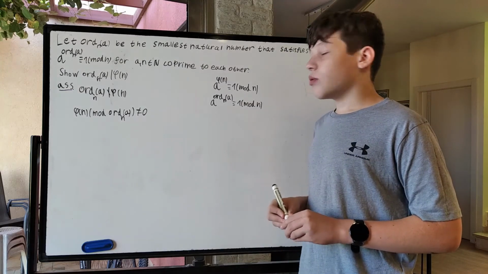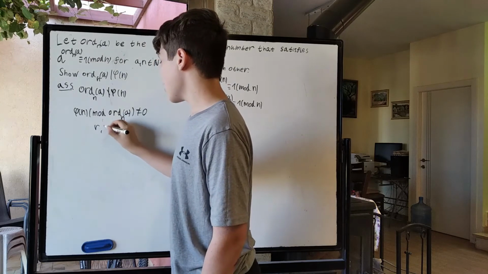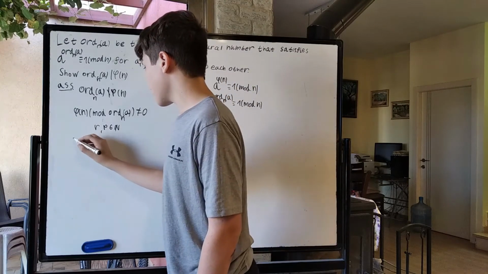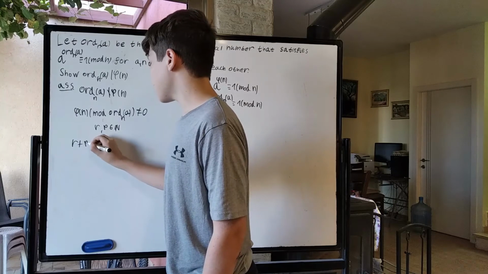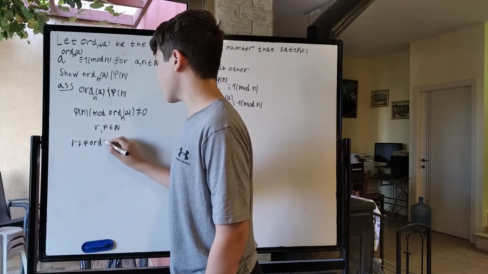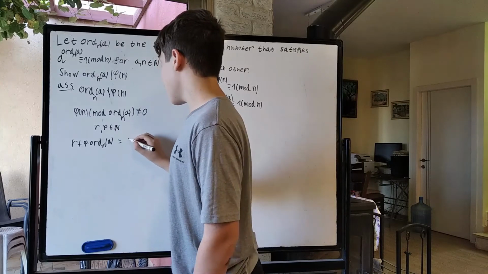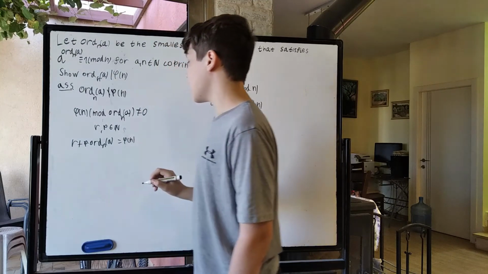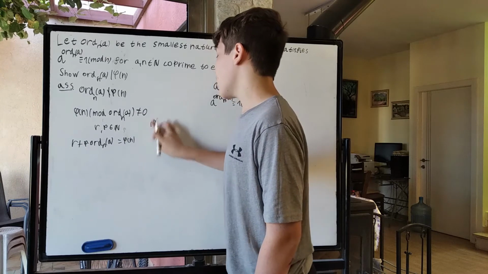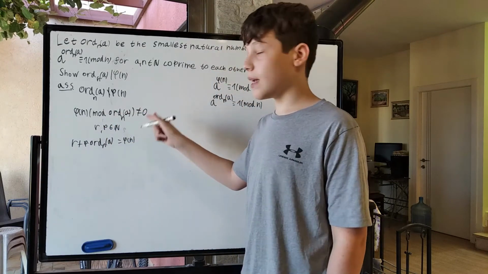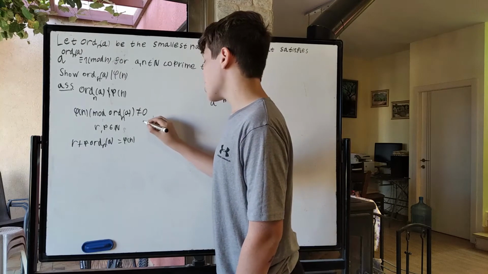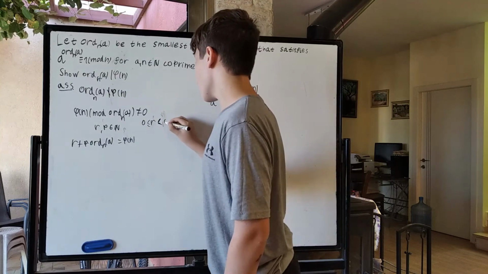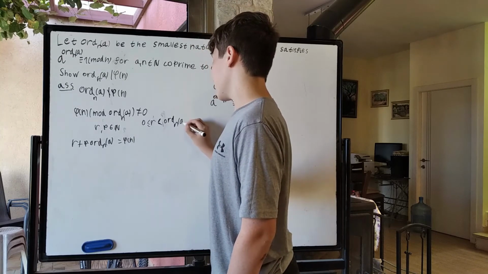So now that we have this, we can say that there are two natural numbers, r and p, that satisfy r plus p times order a of n is equal to phi of n, and such that r is actually phi of n mod order a of n, meaning that r is between 0 and order a of n.